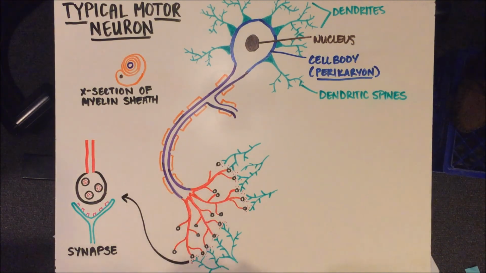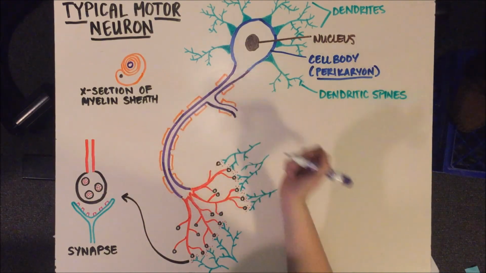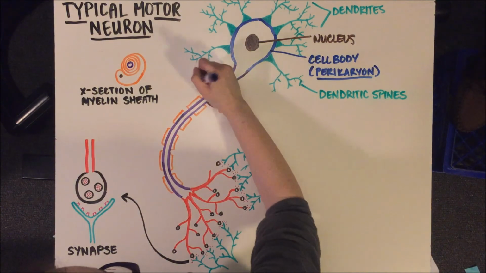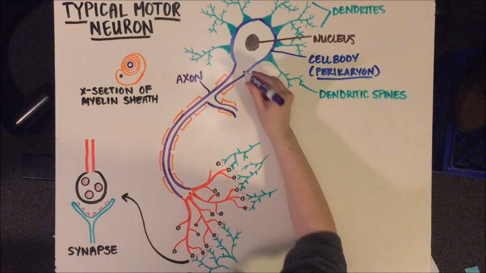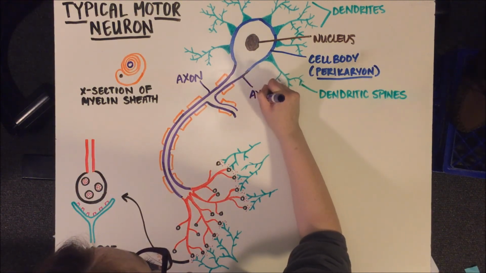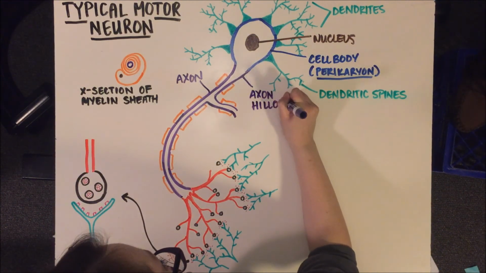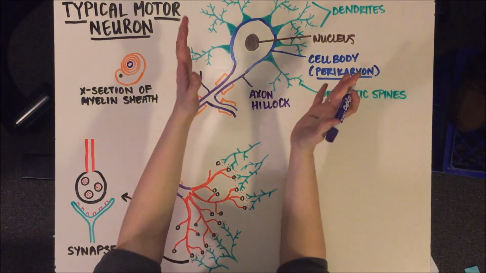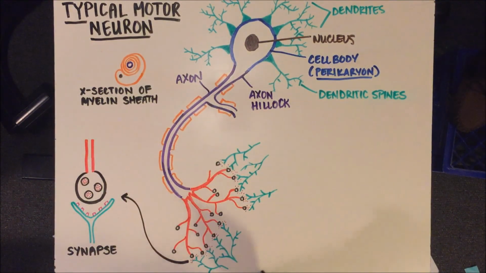So coming off of the cell body is also an axon. So this whole purple structure here, this long tail-like projection, is called the axon. And the top of the axon right here is known as the axon hillock. And this is wider at the top and then tapers down to form the rest of the axon here.